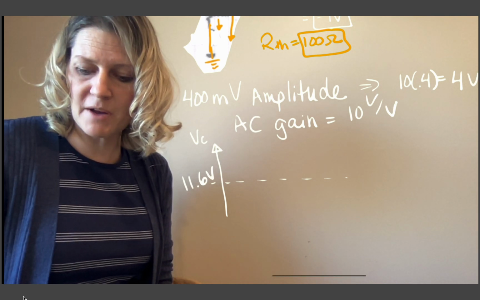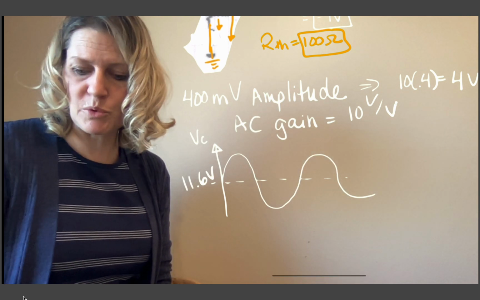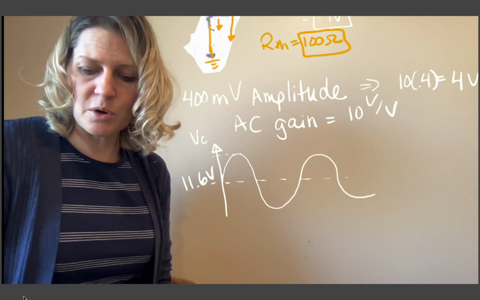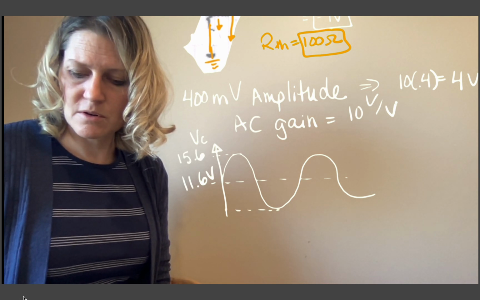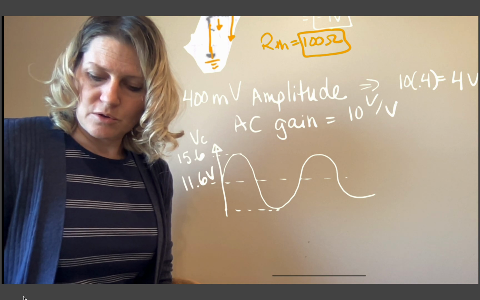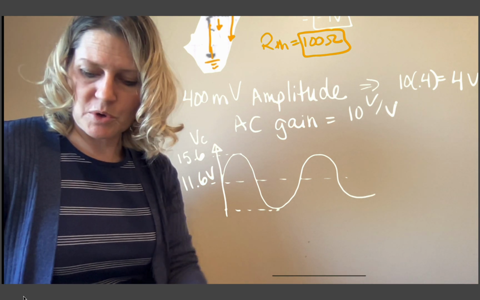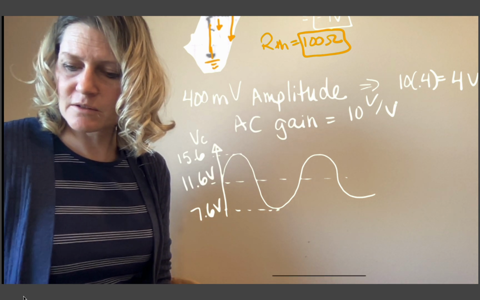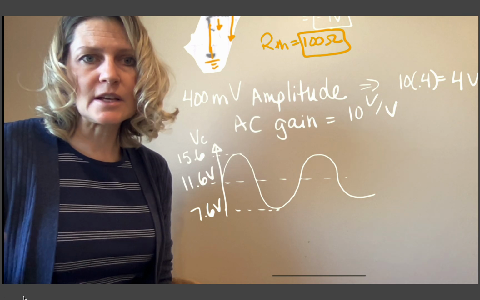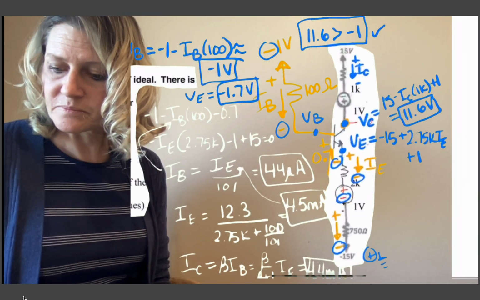So it will go up by 4 volts and down by 4 volts, centered around 11.6. So it will go up to 15.6 and down to 7.6.